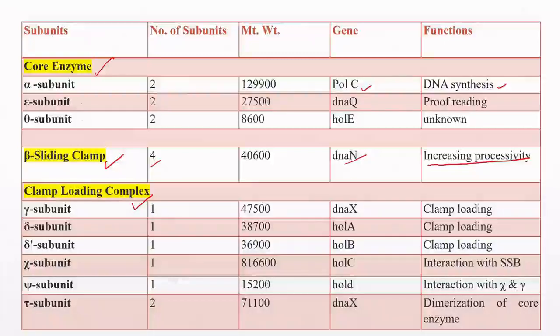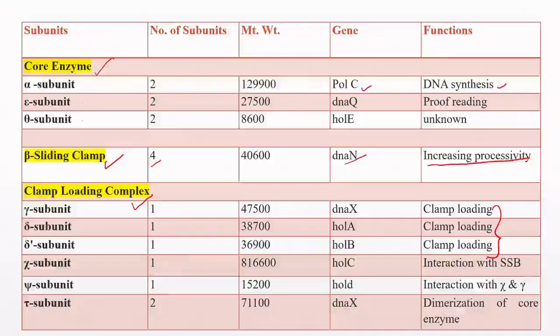The same is the case with delta and delta prime. They are also involved in clamp loading activity. The psi subunit is involved in the interaction with SSB proteins, and the chi subunit is involved in the interaction with psi and gamma.